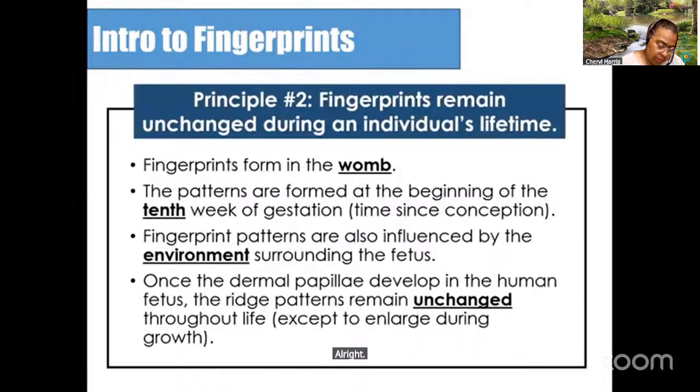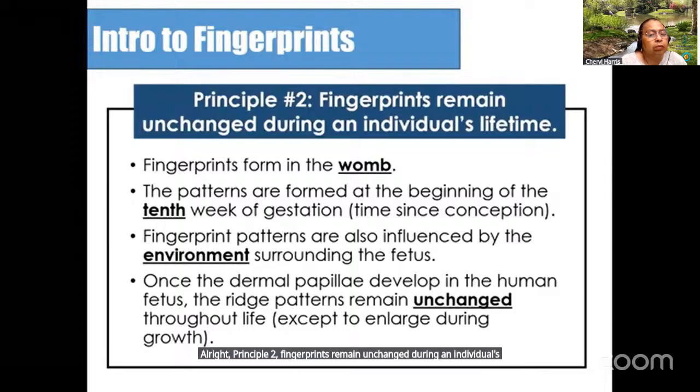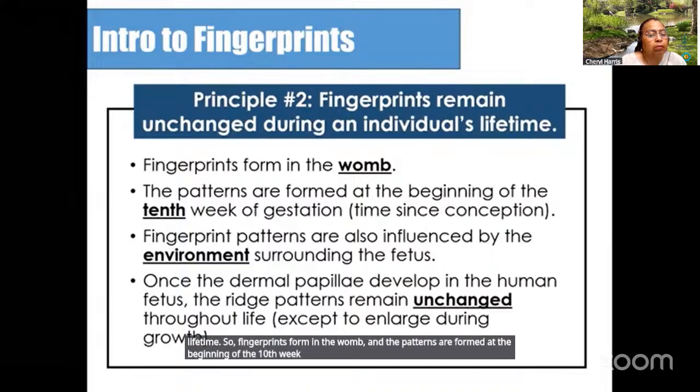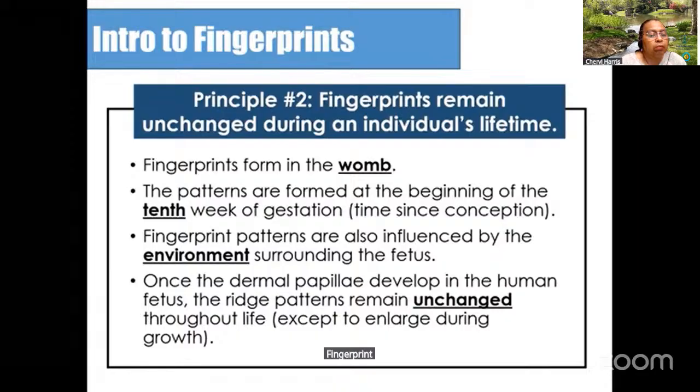All right, principle 2: fingerprints remain unchanged during an individual's lifetime. Fingerprints form in the womb, and the patterns are formed at the beginning of the 10th week of gestation, which is the time since conception. Fingerprint patterns are also influenced by the environment. So they're genetic, but they're also environmental.